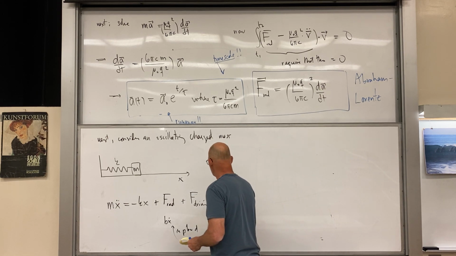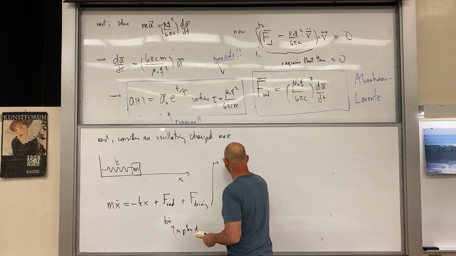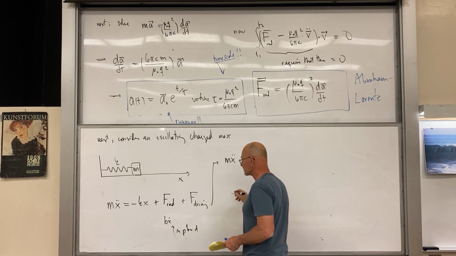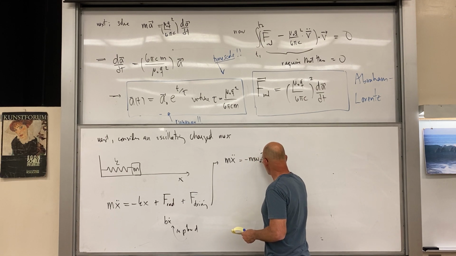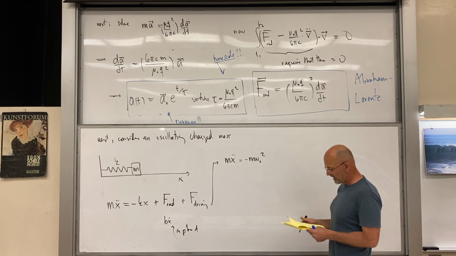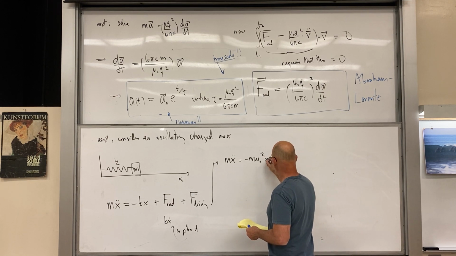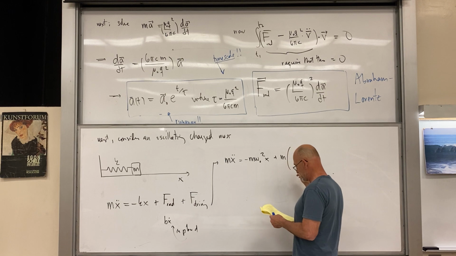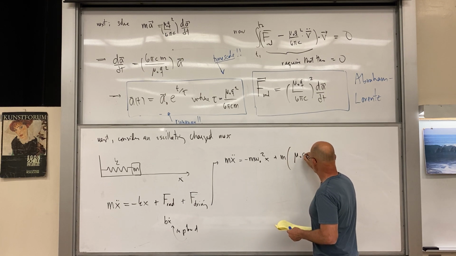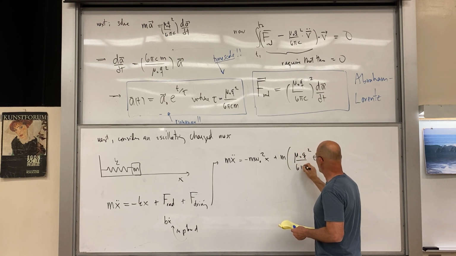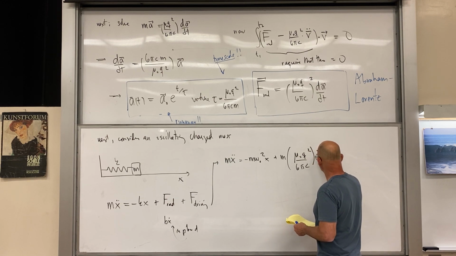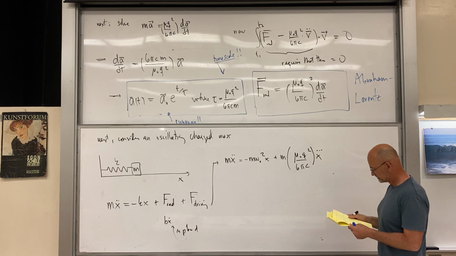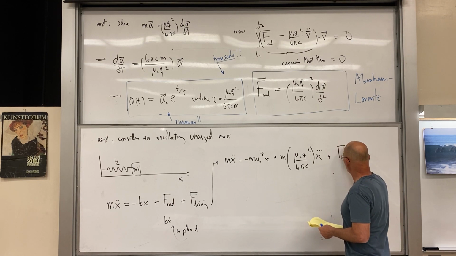Now this equation looks as follows: m x second derivative equals minus m omega naught squared x, what's the k, plus m mu naught q squared over 6 pi c, x third derivative, plus the driving force.